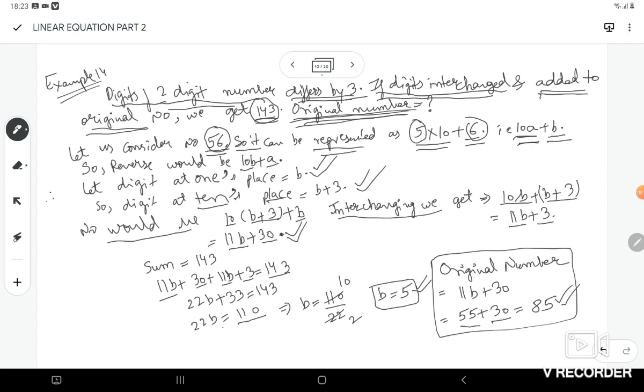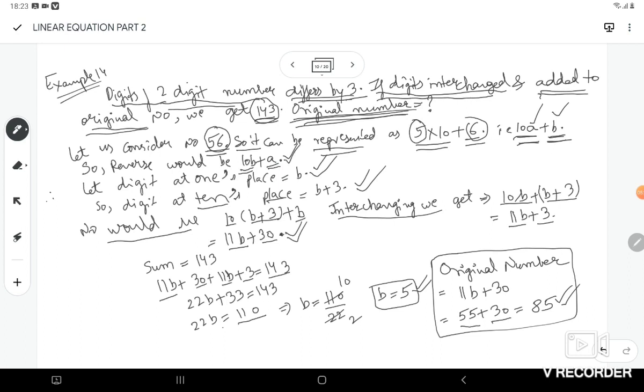Similarly, in 10A plus B, A is equal to 5 and B is equal to 6 respectively. Now, if we reverse this form, we will get 10B plus A. That is, A becomes B and B becomes A.